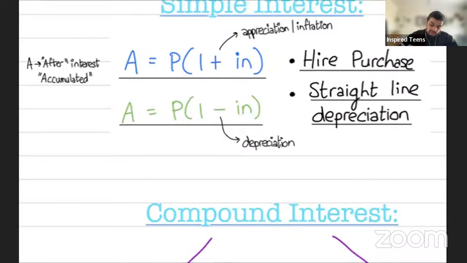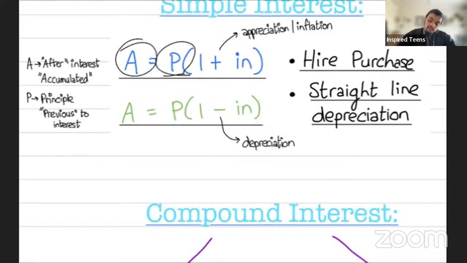P is the principal amount, or you can think of it as the previous amount, prior to interest. So P is before interest, A is after interest.